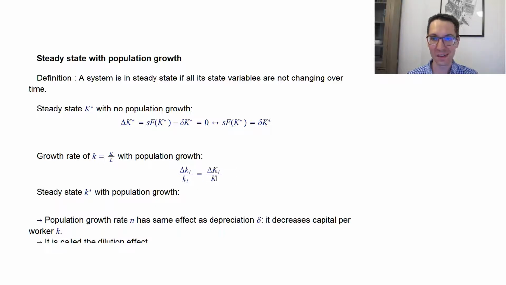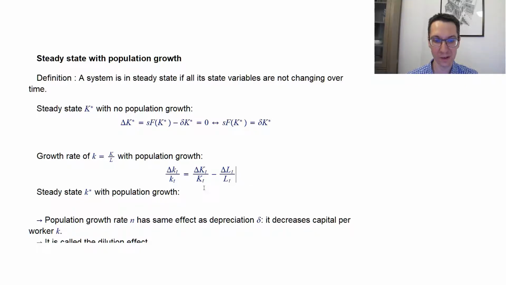What is it? Think a bit. Yes, it's the growth rate of the variable at the numerator minus the growth rate of the variable at the denominator. So it's delta K_t over K_t minus delta L_t over L_t.